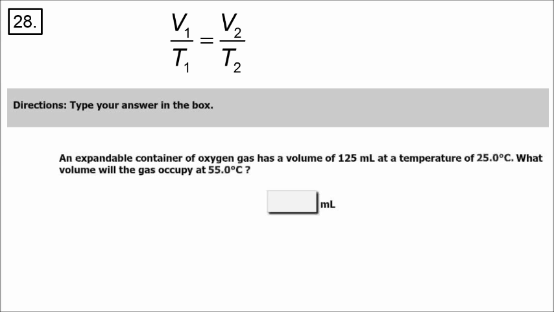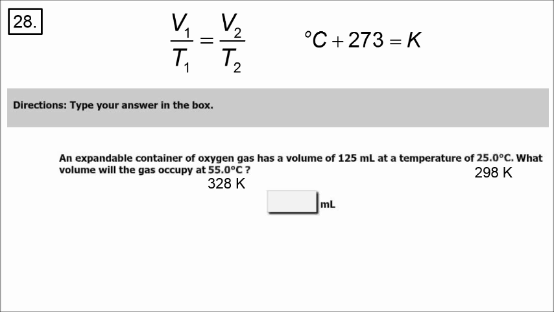So this can be written as V1 over T1 equals V2 over T2. So a direct relationship between temperature and volume. Now don't forget to convert your temperature from Celsius into Kelvin. So when we add 273 to 25 degrees Celsius, we get 298 Kelvin. And when 55 plus 273 is done, we get 328 Kelvin.